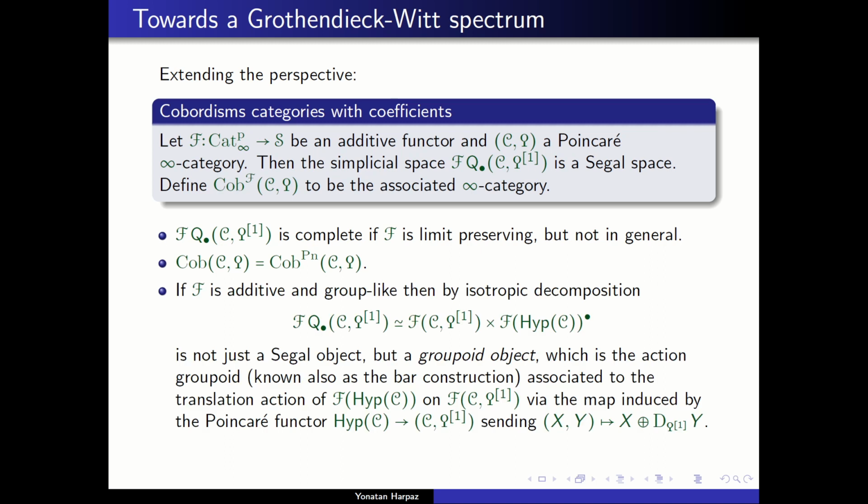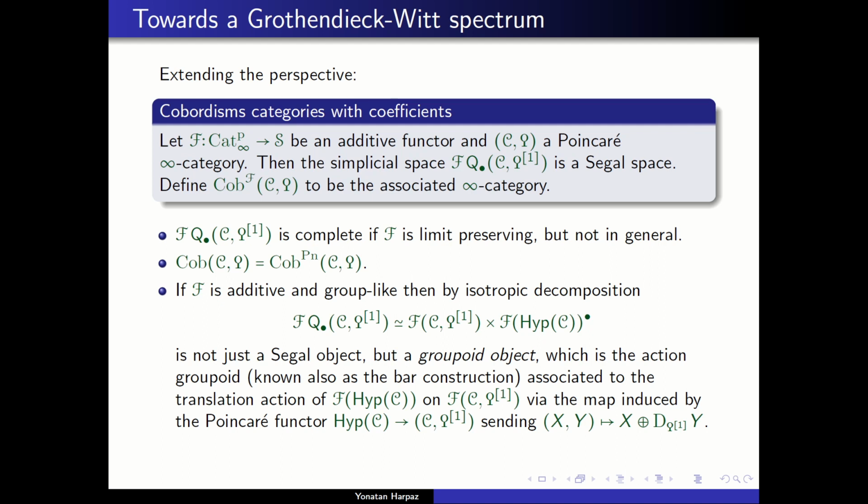If f is both additive and group-like, then by isotropic decomposition, the space that we have at the nth place in this simplicial object decomposes as a product of f of C copa shifted and n copies of f on the hyperbolic category.